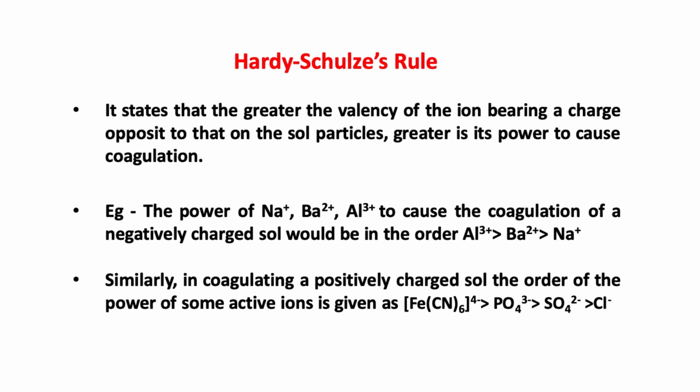Similarly, in coagulating a positively charged sol, the order of the power of some active ions is given as [Fe(CN)6]4- > PO4 3- > SO4 2- > Cl-.